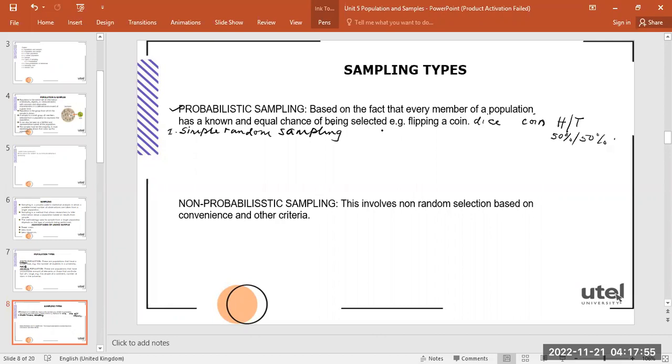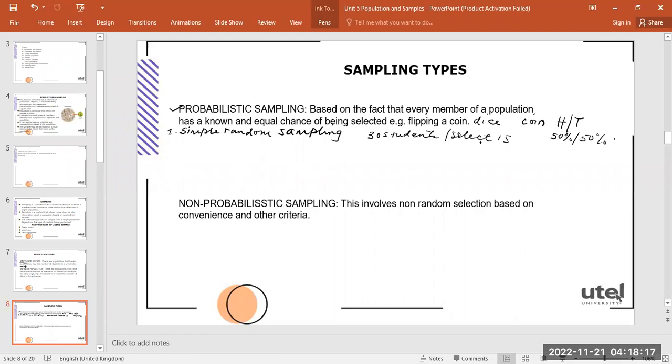Now, we want to give an example. Suppose you have 30 students in a class, and you intend to select 15 students to form a team that will play a particular game.